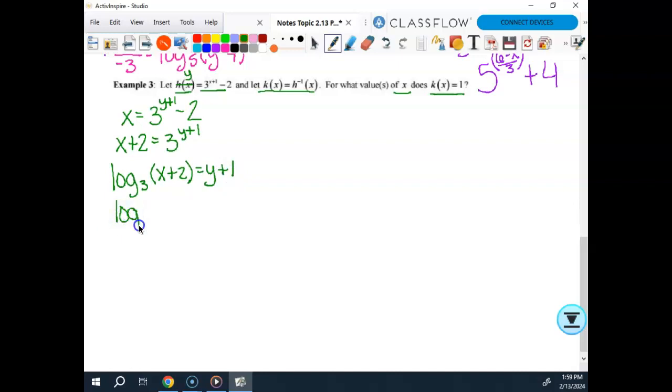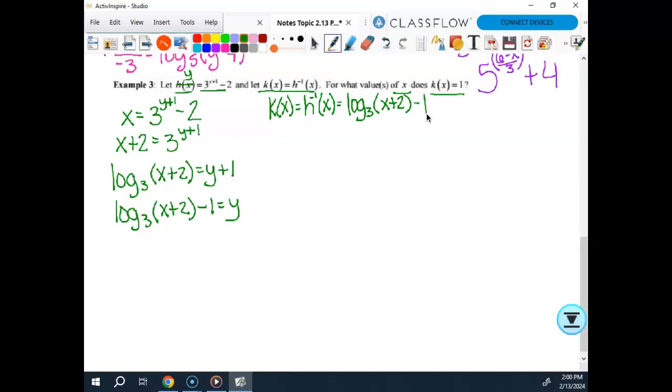So log base 3 of x plus 2 minus 1 equals y. So then that means that k of x, which is equal to h inverse of x, is equal to log base 3 of x plus 2, minus 1. Okay. Everybody with me so far?